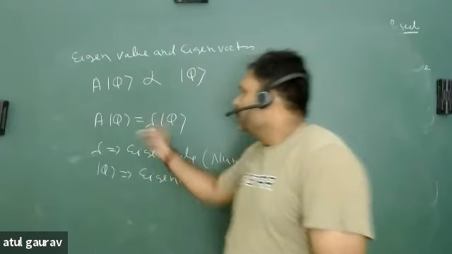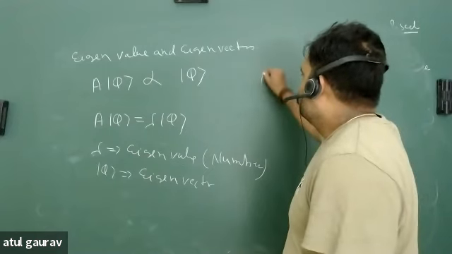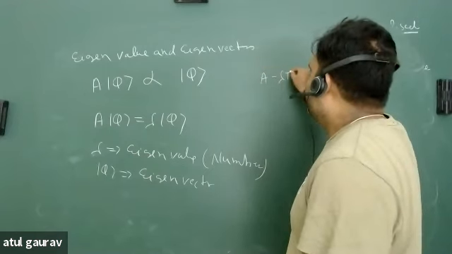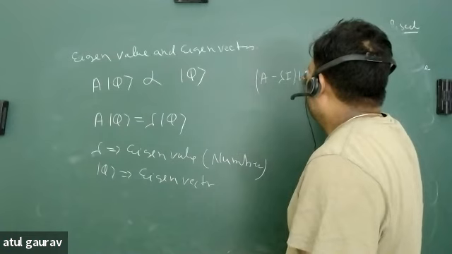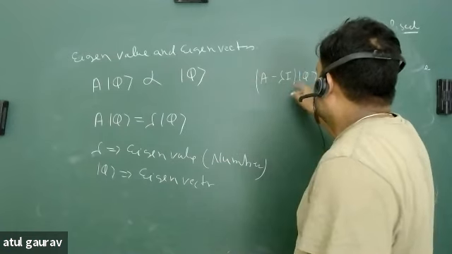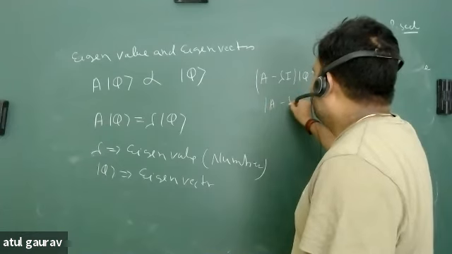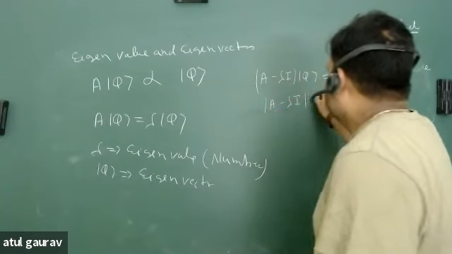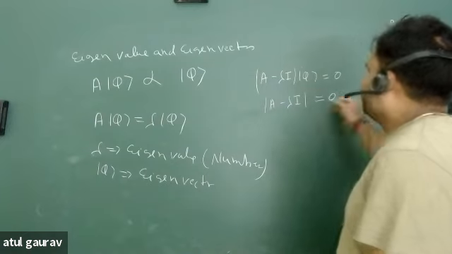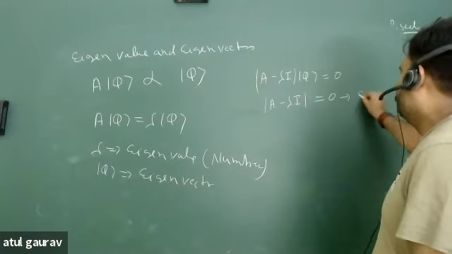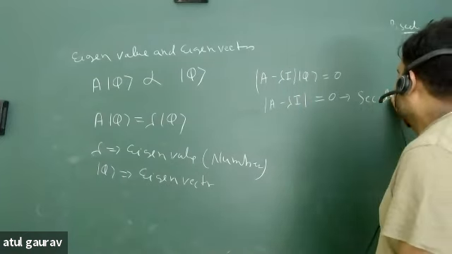So if we solve it, A minus lambda I acting on phi must be equal to 0, and phi should not be 0. So the determinant of A minus lambda I is identified as the characteristic equation or secular equation. I prefer to write secular equation.